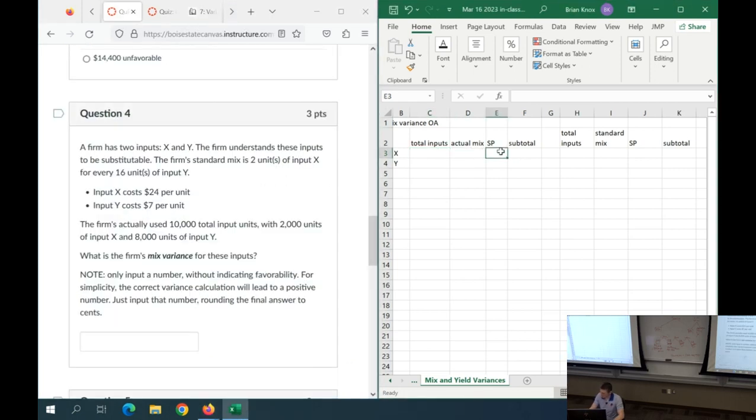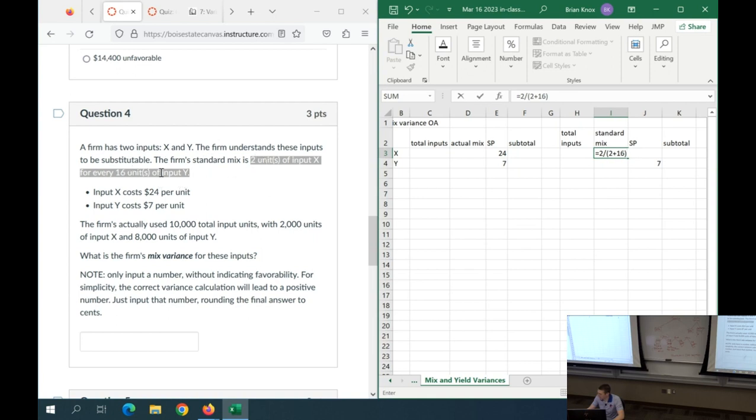Okay, the prices, 24 and 7. Those are the prices right here. And the standard mix is right here, 2 to 16. So we need to convert that into decimals. Equals 2 divided by 2 plus 16, right? So we have a total of 18 inputs here. 2 of them are going to be x, 16 are going to be y.